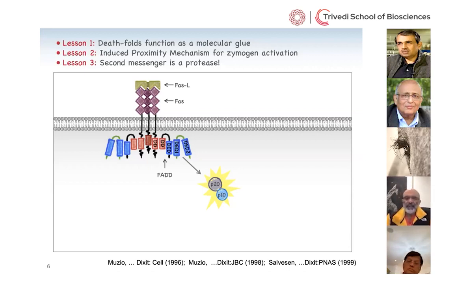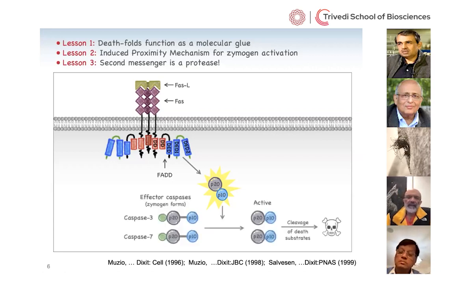And this protease will very precipitously, in an amplification manner, activate downstream caspases that exist in inactive forms. So there are downstream effector caspases 3 and 7 and others that exist as inactive zymogens, but this protease will function to proteolytically cleave them and activate them.